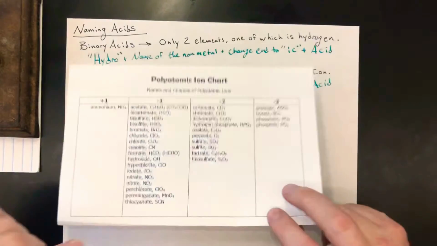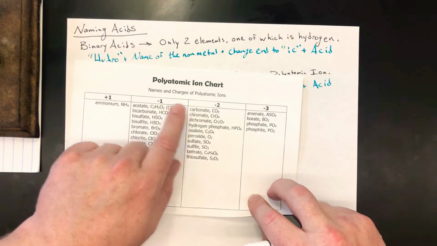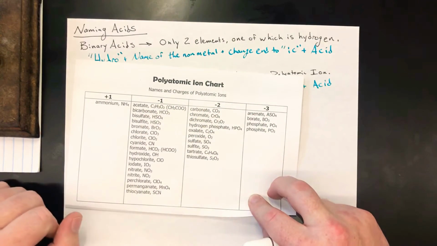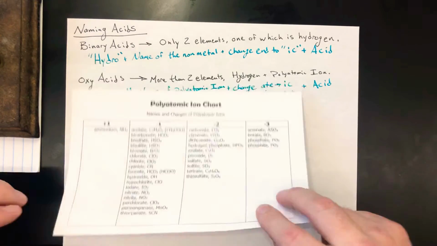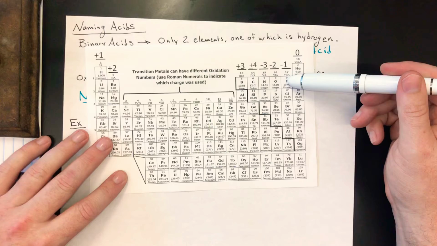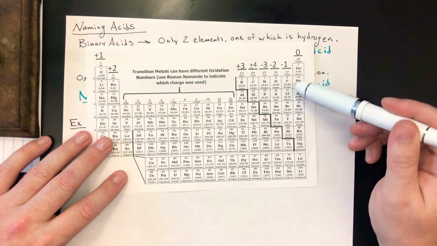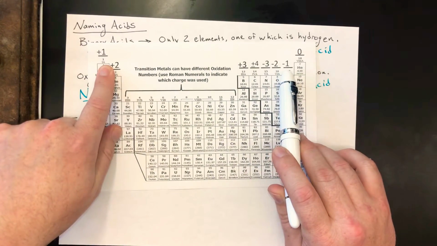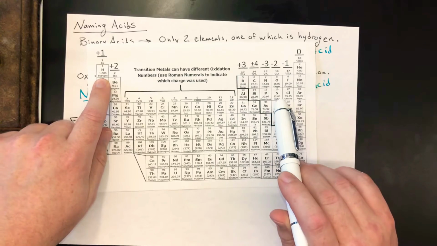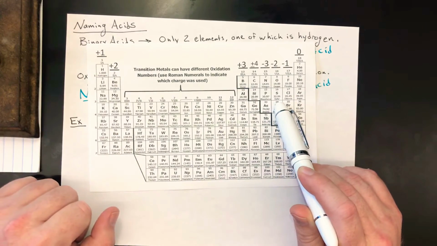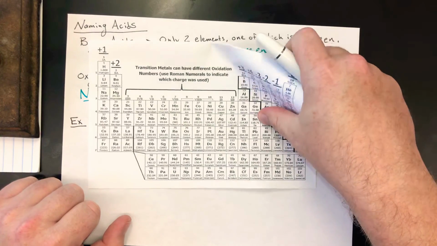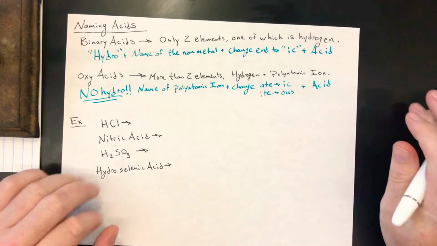So however much negative charge we have, if it's -1, -2, -3, that's how many hydrogens it will take when those things bond together. The same idea for our nonmetals. If I have hydrogen with chlorine, well, it's +1 and -1. If I have hydrogen with sulfur, because sulfur is -2, I'm going to need two hydrogens. Okay? So we do care about charge with acids.